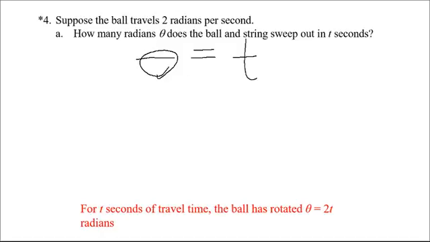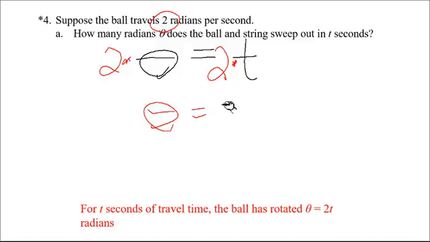Well, it tells us that if the ball travels 2 times 1 radian, then we know that if we're going to multiply the left-hand side of this relation by 2, we have to multiply the right side to keep the scale balanced, if you will, right? So that's where we get this result that theta equals 2t now.